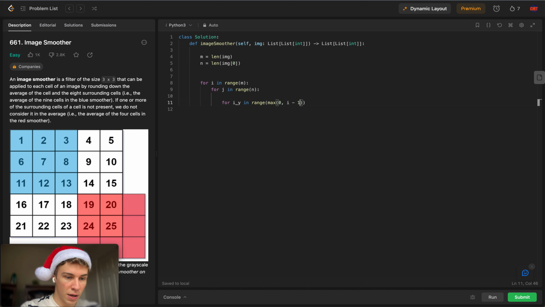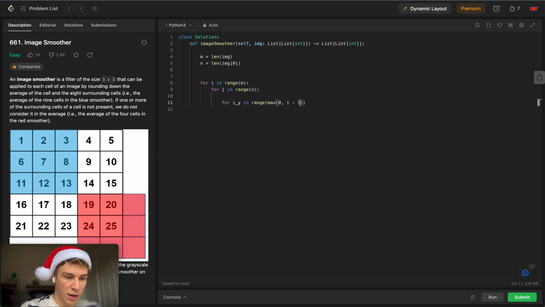I'm defining for iy, that's my vertical. Here it's defining the number of rows, here's iterating over the number of rows, and here it's defining the top bound and the bottom bound. Now, why do I have these max and mins here?